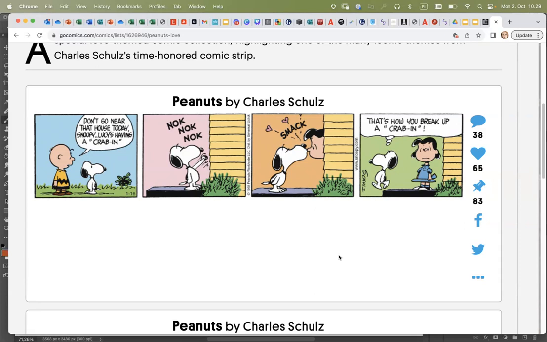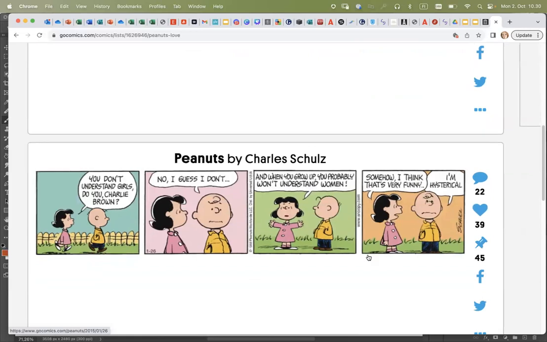But then both Peppermint Patty and Marcy have a crush on Charlie Brown, and Charlie Brown doesn't really know what to do about that. And by the way, Charlie Brown's sister Sally has a crush on Linus, who was the little brother of Lucy, and it's also one-sided.